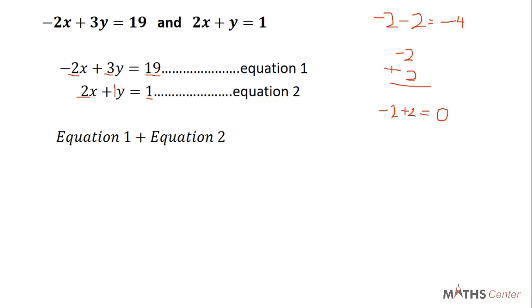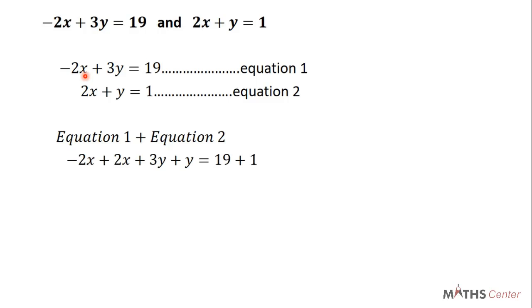We are going to add equation 2 to equation 1. So I'm going to say equation 1 plus equation 2. Okay, so how do we do the addition? We take the first part of equation 1, which is minus 2x. Then we add to it the first part of equation 2, which is 2x. So minus 2x plus 2x.